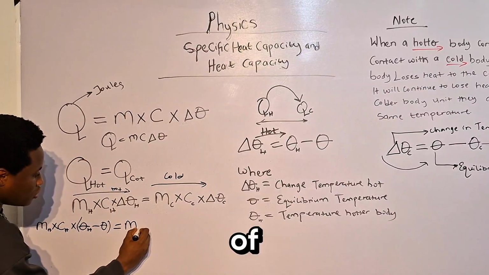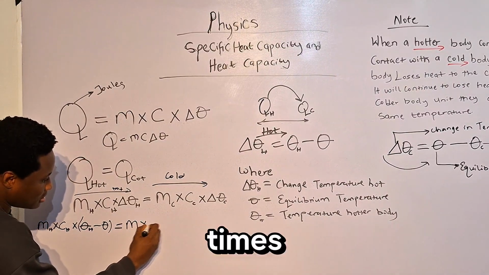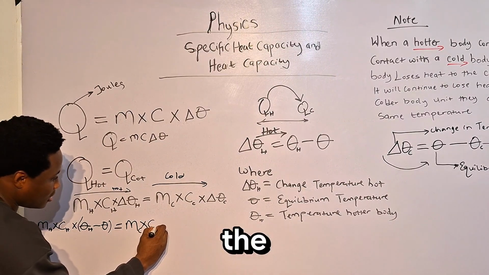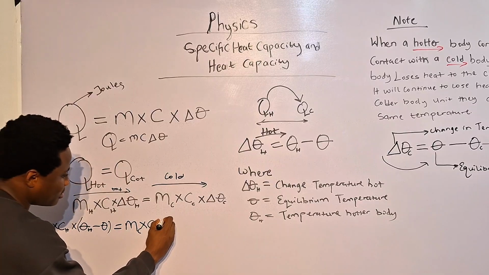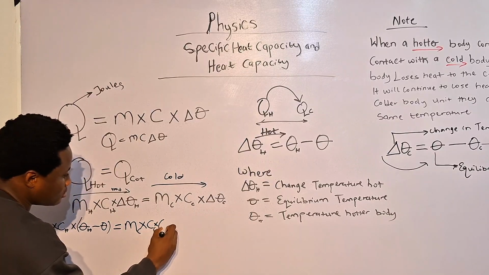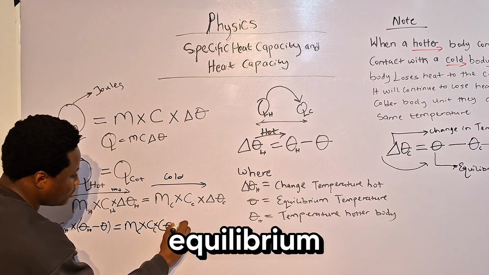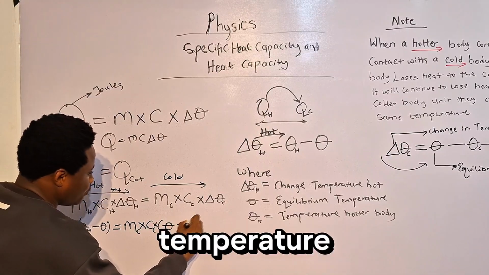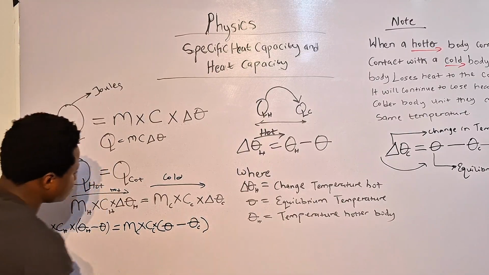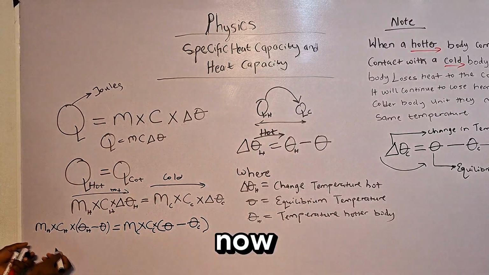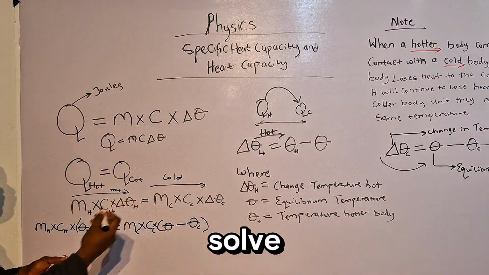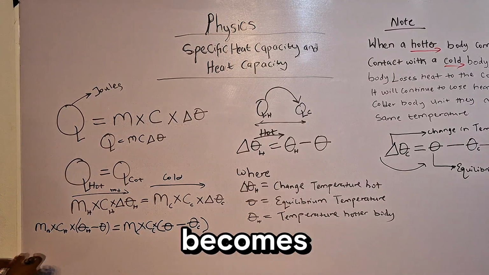So mass of the colder body times the specific heat capacity of the colder body times equilibrium temperature minus temperature of the colder body. Now we use this equation to solve. So this becomes our equation.